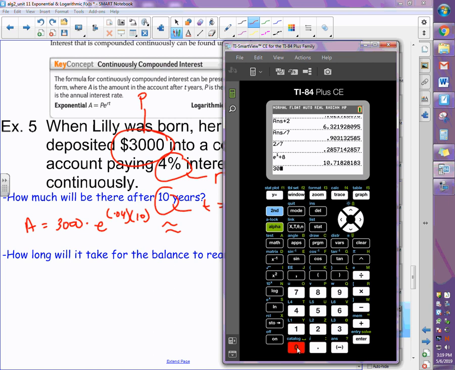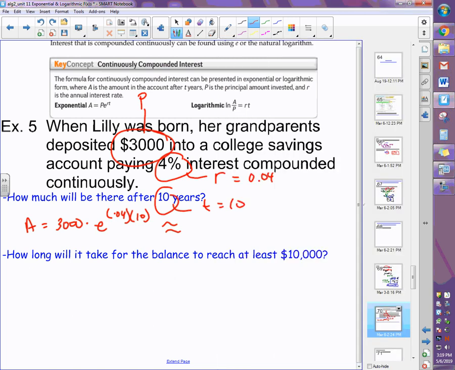So 3,000 times e to the power of 0.04 times 10. Double check to make sure everything's entered correctly before you hit enter. So it's about 4,475 and 47 cents, because we're dealing with dollars and cents.